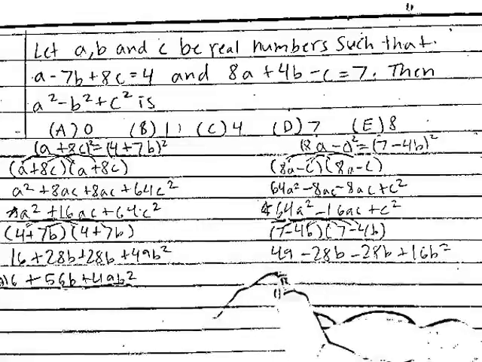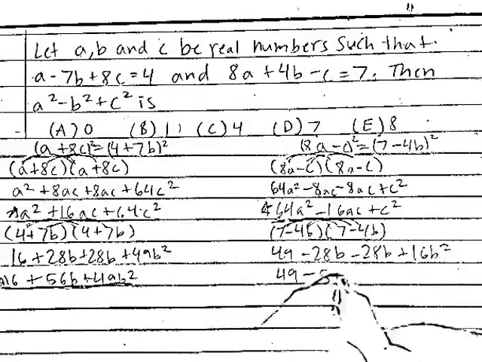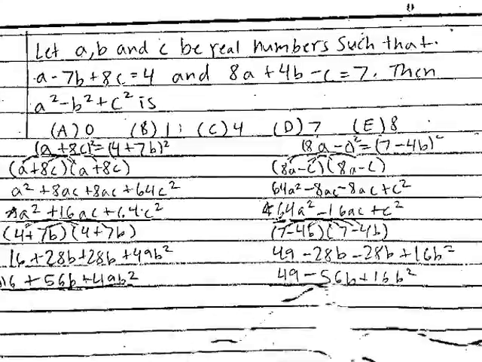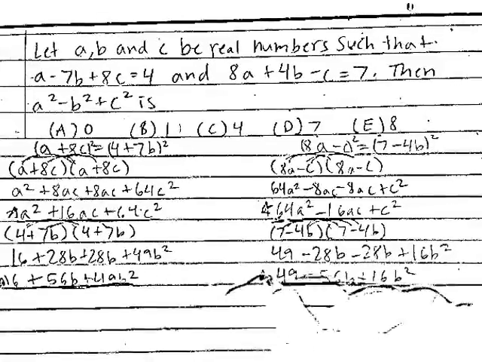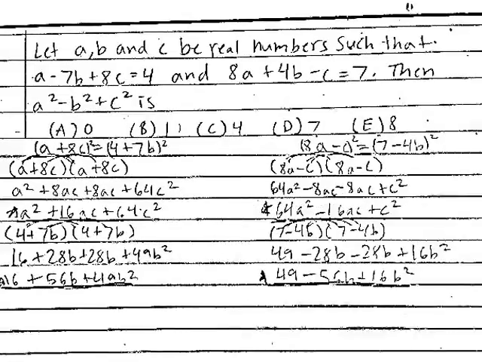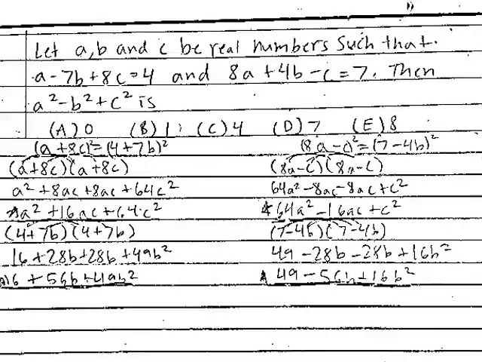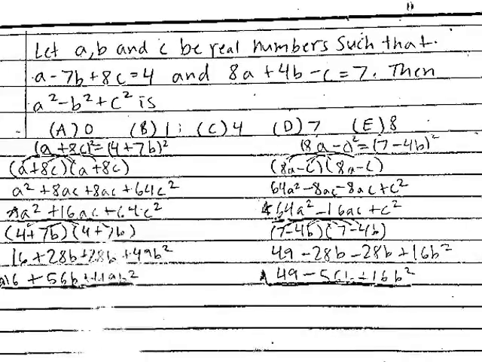And then we're going to simplify this, so it'd be 49 minus 56b plus 16b squared. Okay, and another triangle, because these are equal. So now we know that these are equal and this is equal.